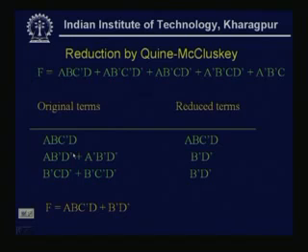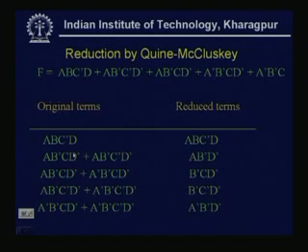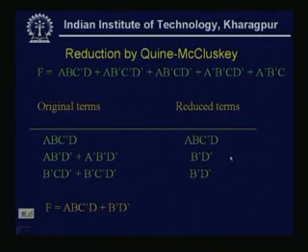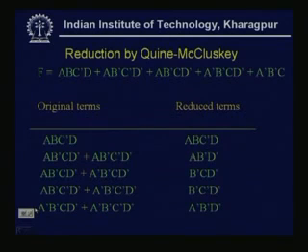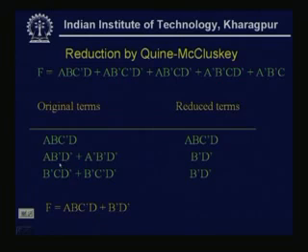So, that means from these 4 reduced terms, we are considering 2 at a time, and it is reduced to b dash d dash, and this is reduced to b dash d dash. Again this 2 reduced to b dash d dash.